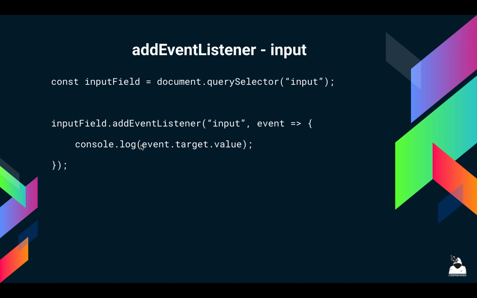And it's better practice, rather than going outside of this function to this input field, to access the event object, access the target of the event, access the value of that target.